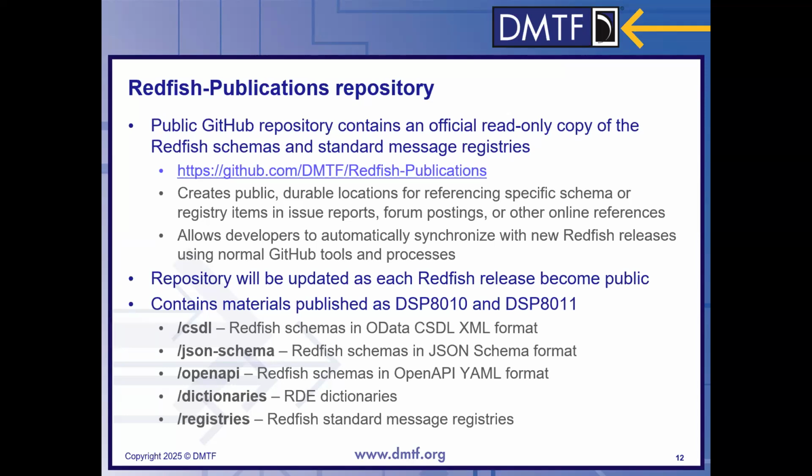This is a read-only repository, but it gives you the ability to use Git and other software tools to automatically synchronize your definitions with the latest DMTF publications. So likewise, it contains all the CSDL, JSON schema, Open API, the RDE dictionaries, and all the JSON registry files.